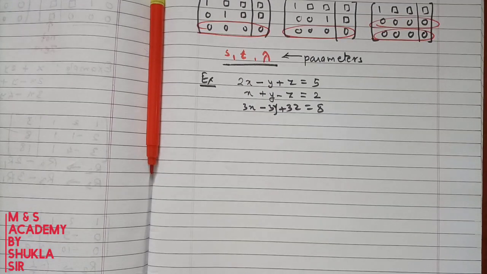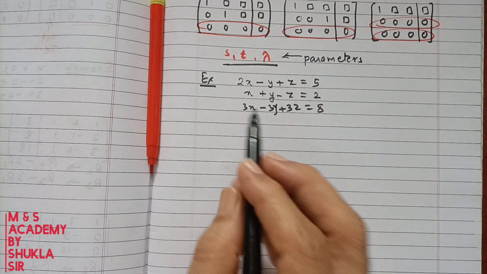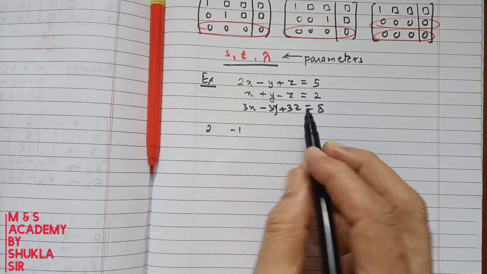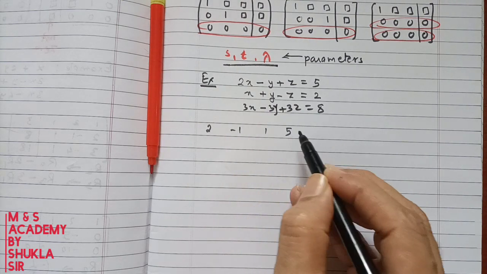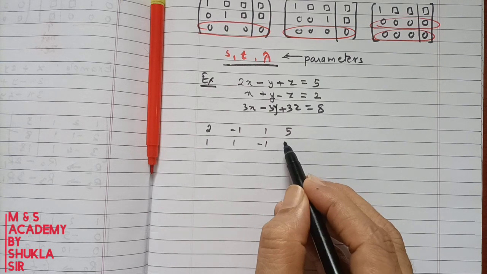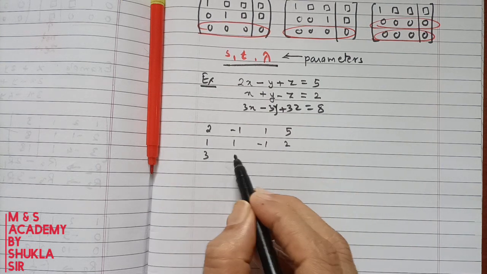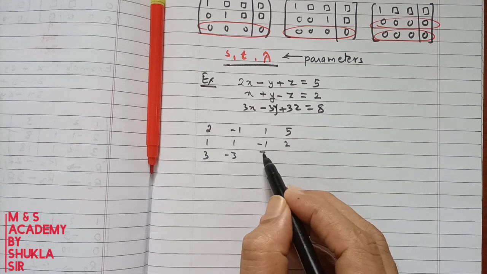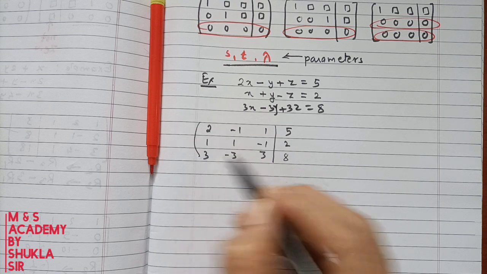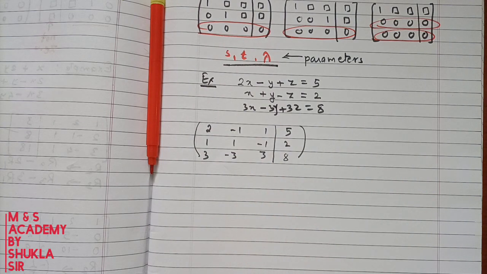Now we can write the augmented matrix of the given system. So this is 2, minus 1, 1, 5, 1, 1, minus 1, 2, 3, minus 3, 3, 8. We draw the line to differentiate between the matrix and the augmented matrix.